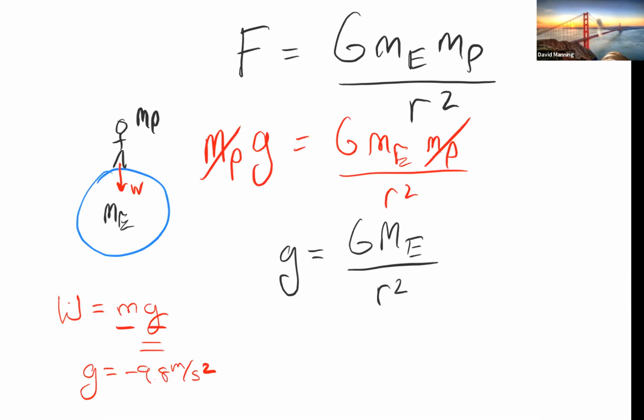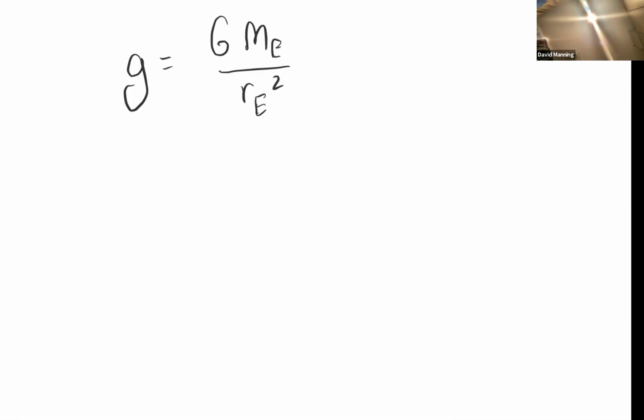Now, if I take this and solve it for g, let's just make a little math problem out of it. g equals big G, mass of the Earth over the radius of the Earth squared. Now, we can look up in our book and find these celestial numbers on page 215. You can see the mass of the Earth is, where is it at?